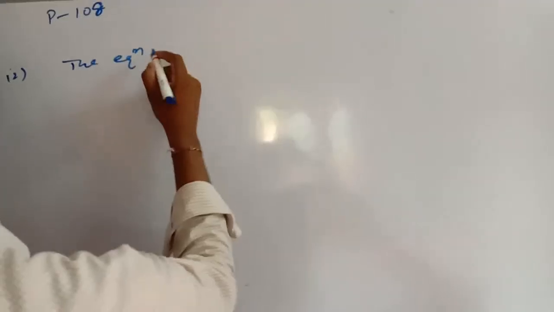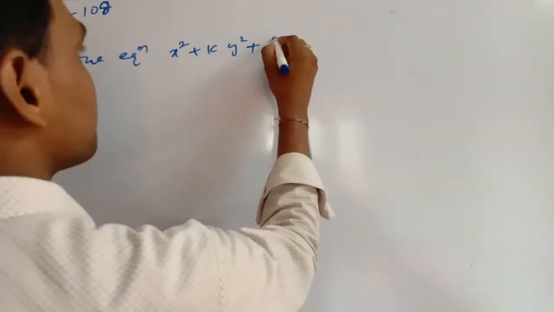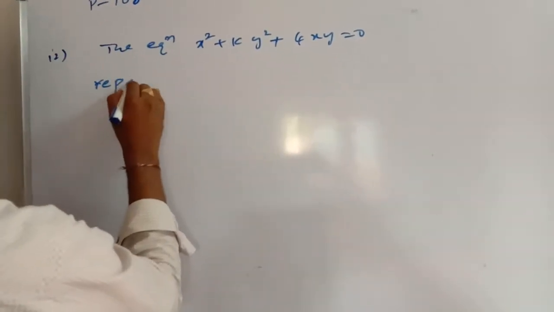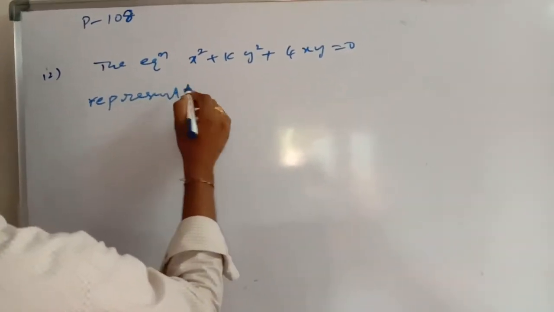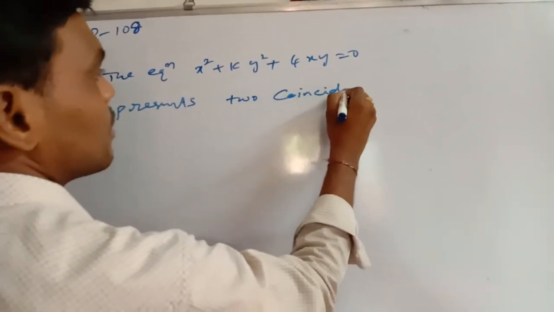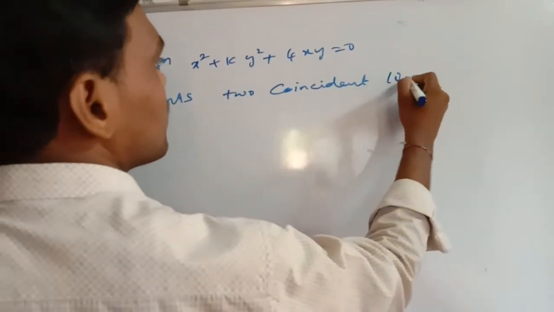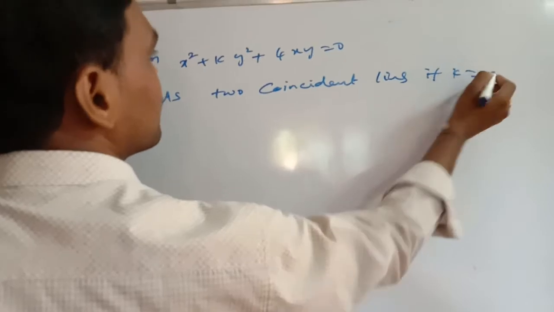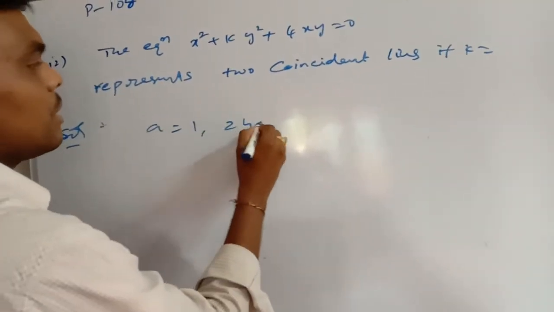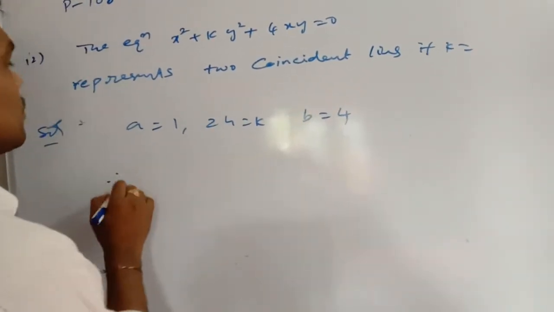The equation x square plus k y square plus 4xy is equal to 0 represents two coincident lines if k is equal to? Now comparing, a is equal to 1, h is equal to k by 2... here h is equal to 2 and b is equal to k.